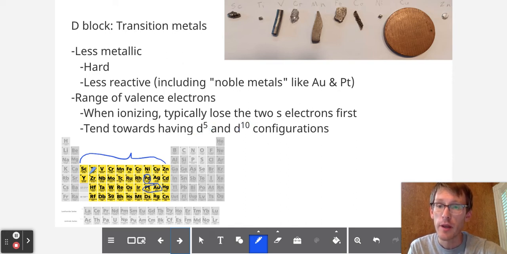So, for example, scandium can lose its two s electrons first, and maybe also its d electron. When we get over to, say, zinc, zinc is actually very stable in the positive 2 state, where it has an electron configuration of 3d10, where the two 4s electrons have been lost.